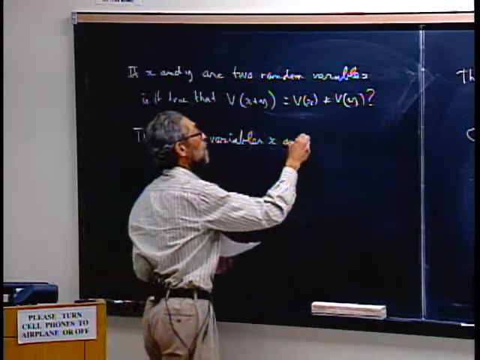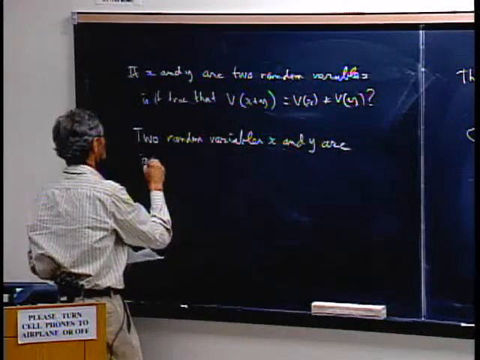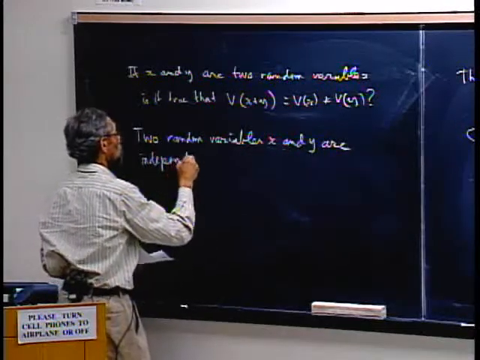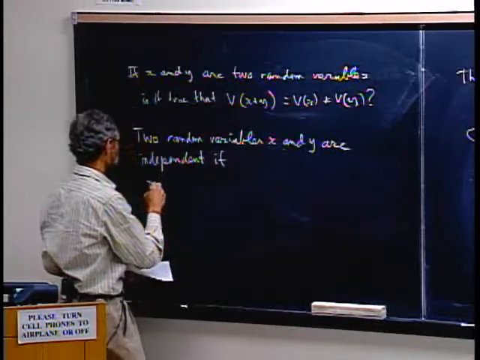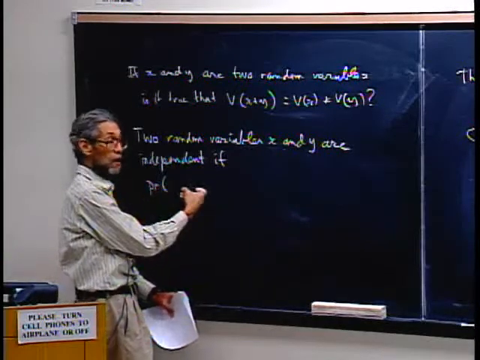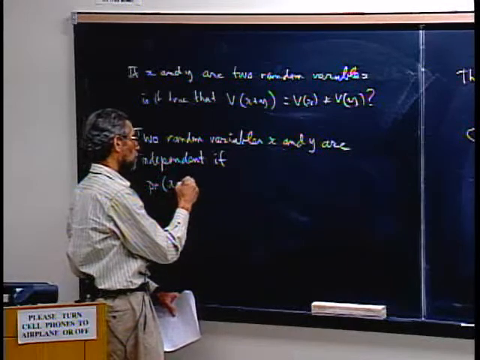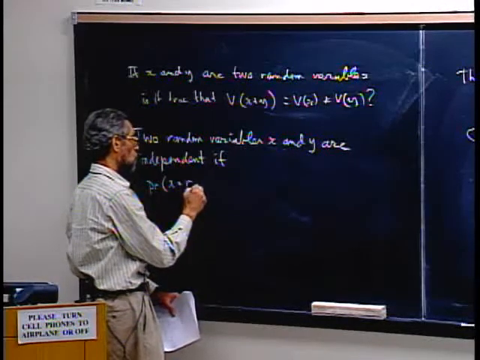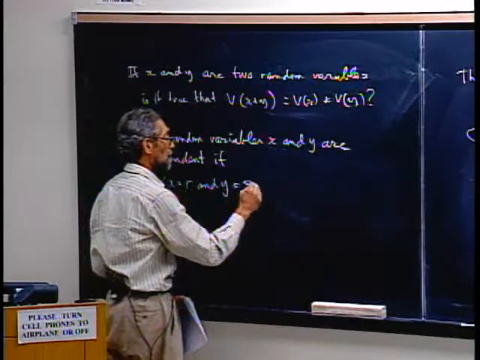X and Y are independent if the probability, let me write it like this, I'm going to list the event inside by writing out X is equal to some value r and Y is equal to another value s.